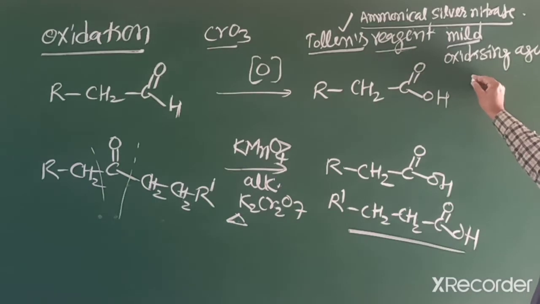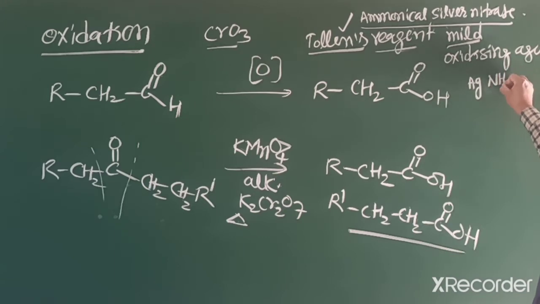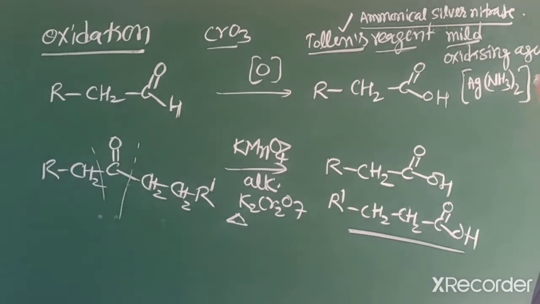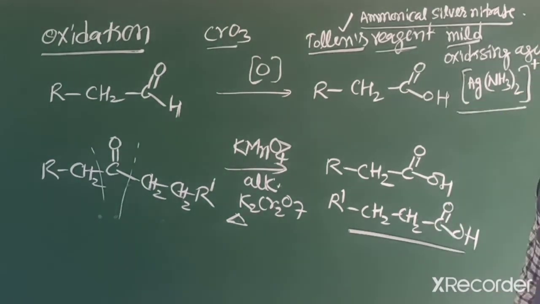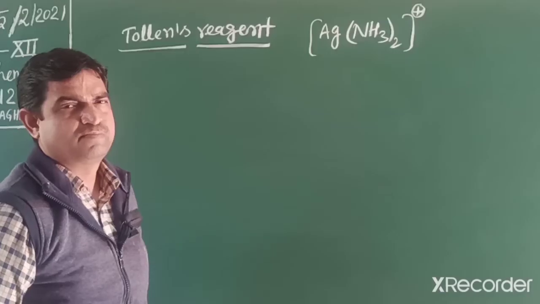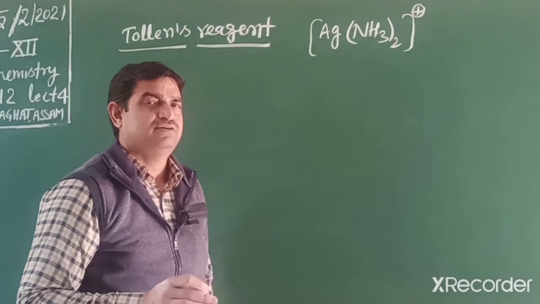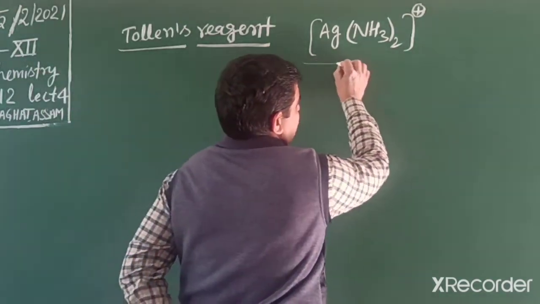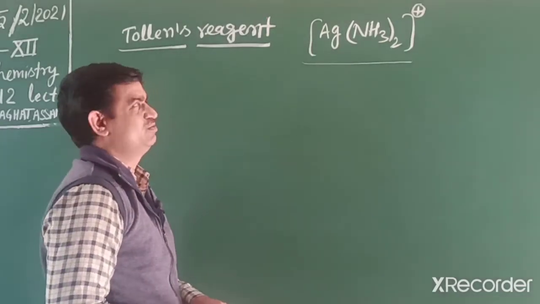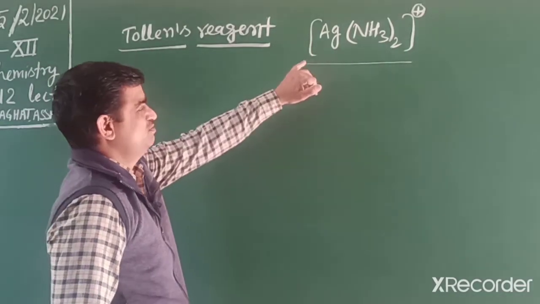It can be represented like this: Ag(NH3)2 plus, with coordination number 2. This is Tollens reagent, because silver has a plus 1 charge. First we write the IUPAC name of Tollens reagent, ammoniacal silver nitrate, a coordination compound.